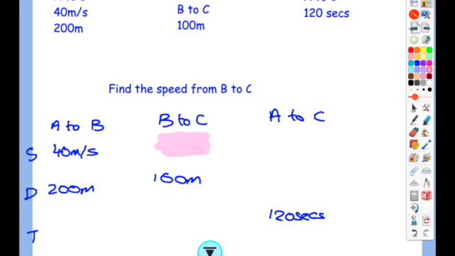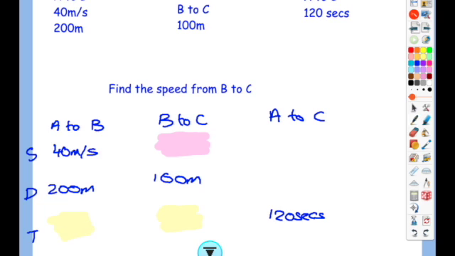Because I'm finding a speed, I have to have all parts of that journey to find the speed. So I know, similar to before, I've got to find my time for B to C. Exactly the same setup as before. To find that time, I need to find my time for A to B first.